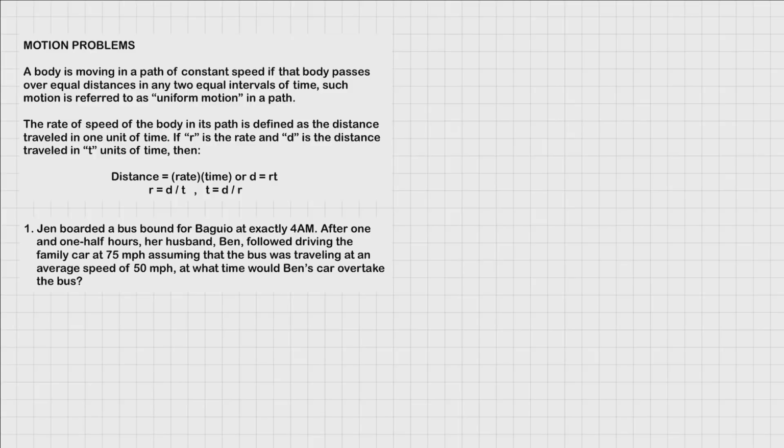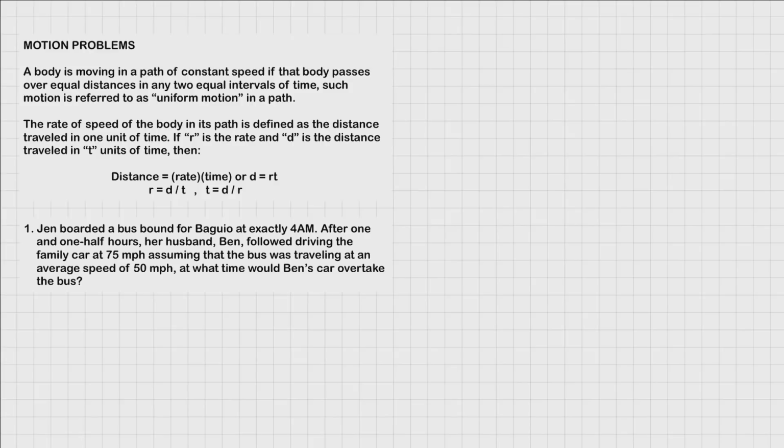From this equation, we can derive the associated relationships such as this one. So our rate should be equal to d over t, and our unit of time, or t, would be equal to d over r.